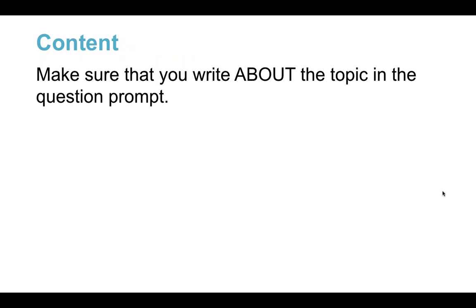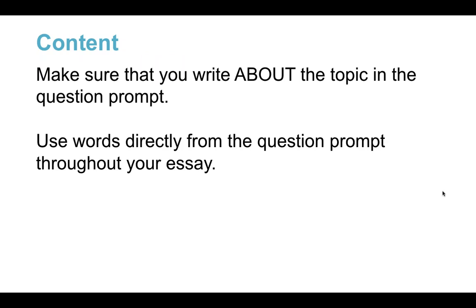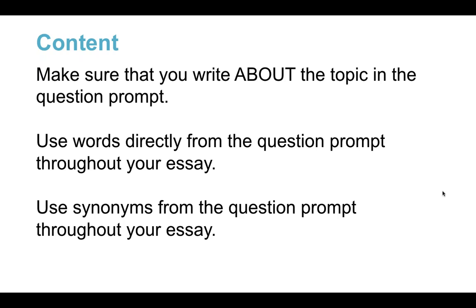Make sure that you write about the topic in the question prompt. Use words directly from the question prompt throughout your essay. Use synonyms, words that are similar in meaning. Ebooks, you could use digital books, for example. Efficiency, you could say time saving. Lightweight, you could say portability. These are synonyms, okay? Use synonyms from the question prompt throughout your essay.